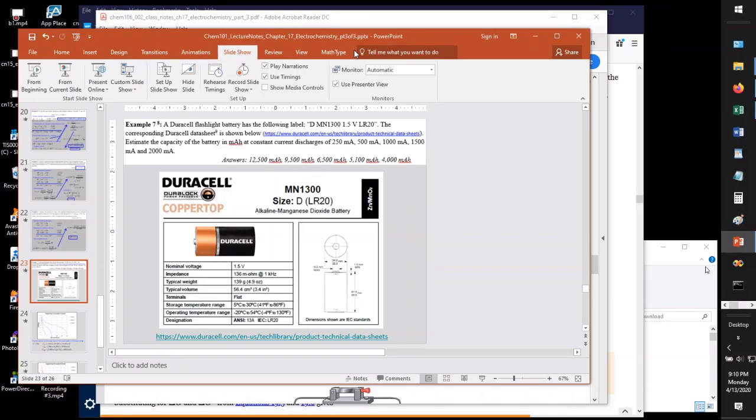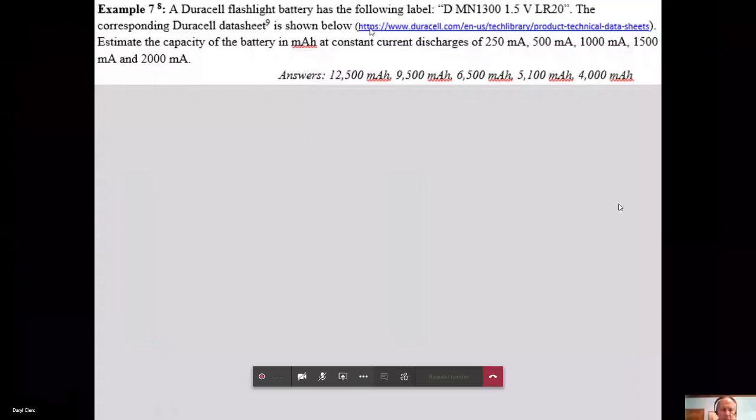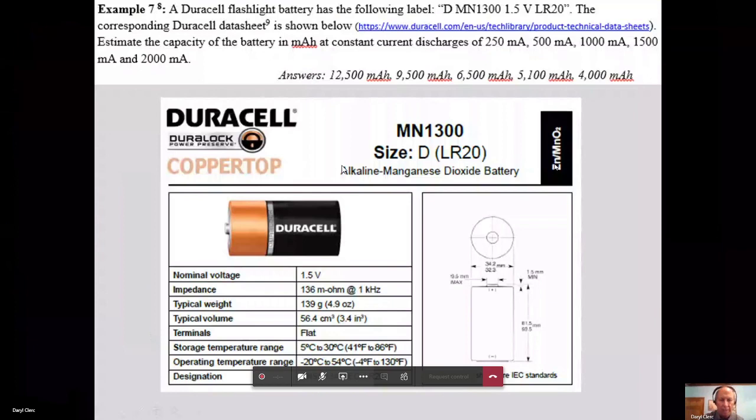So if we go to Duracell's website, if we wanted to figure out what all this means, we could click on that, see if this link works. That doesn't work, but anyway, the screenshot was pasted in here. So this is what the spec sheet for this battery looks like.